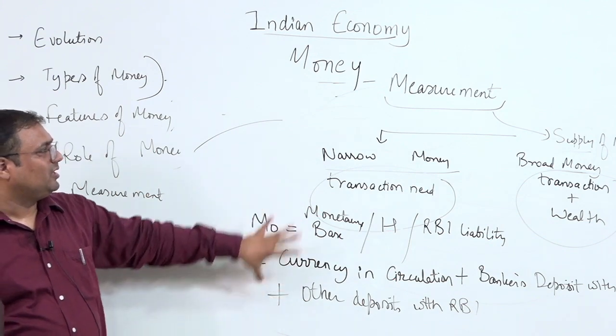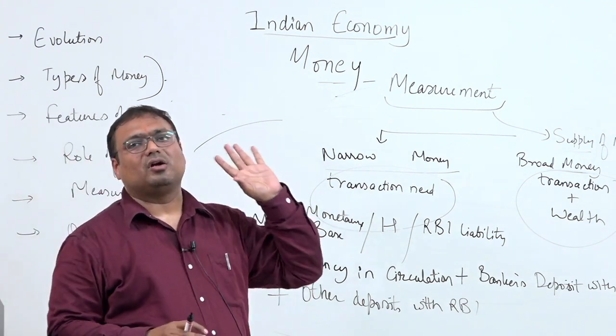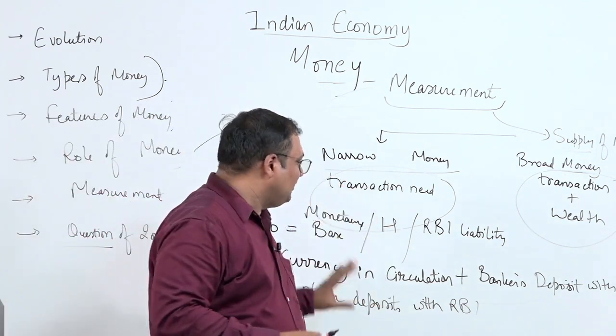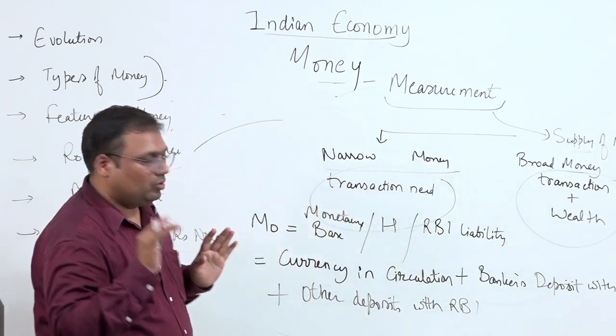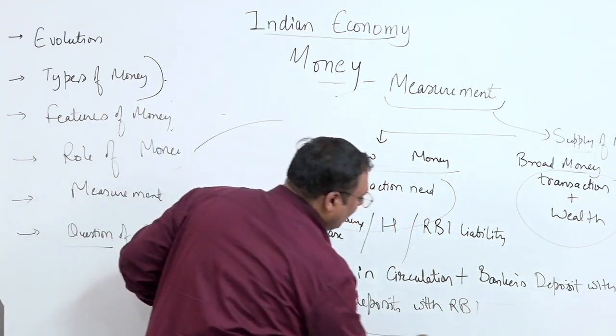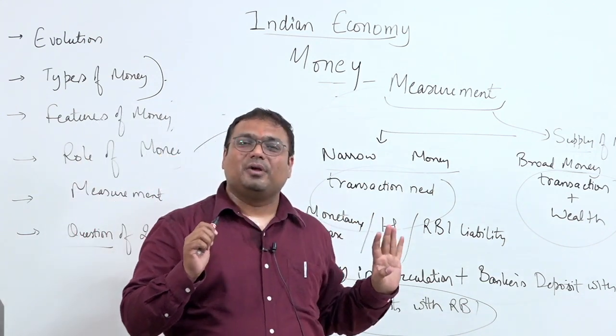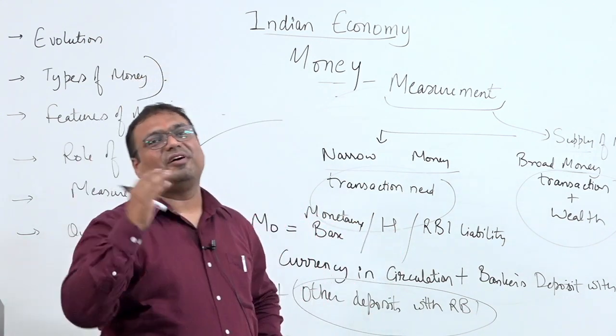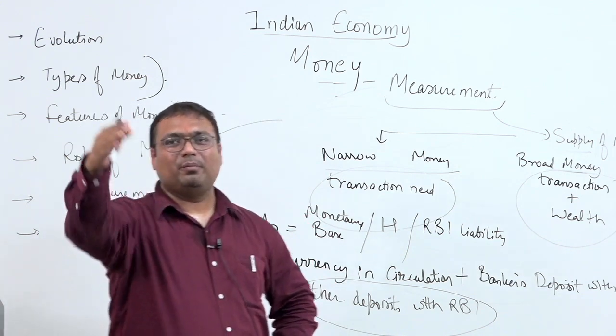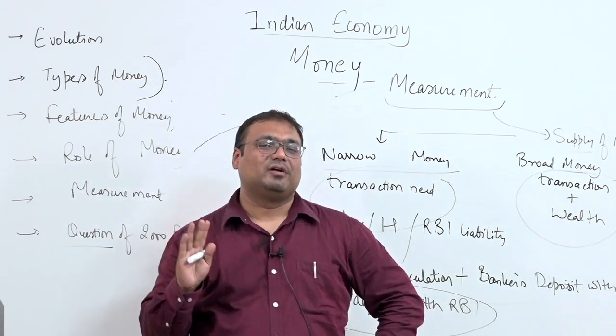So this is something that you have to accept. You have to start with. Okay, and it is easy to remember. See how. Other deposit with RBI, there is a hack to remember it. Other deposit with RBI is there in all the 5 measurements. So you can just simply remember that it is universally present everywhere.